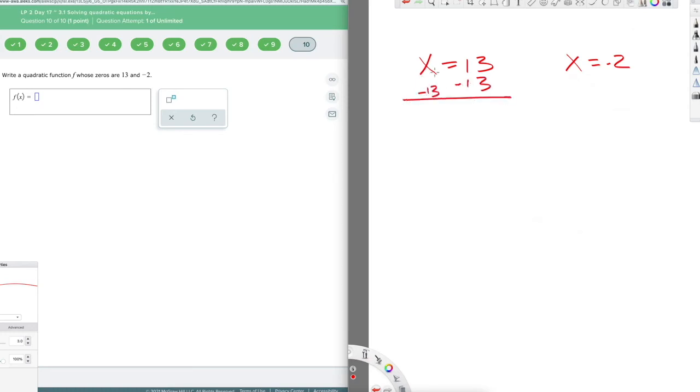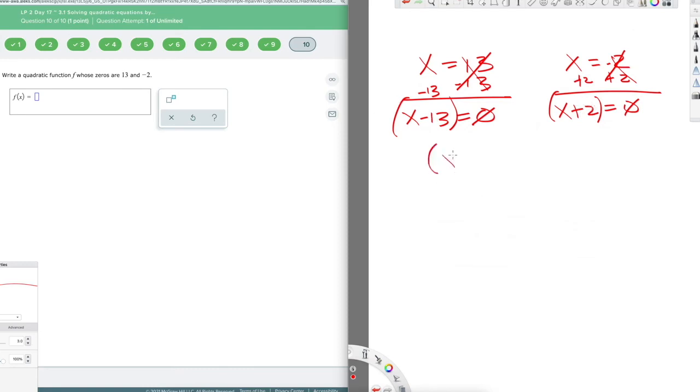So x minus 13 equals 0. Plus 2, plus 2, so these cancel: x plus 2 equals 0. So here are my two factors. If you notice, 13 turned into -13, and -2 turns into +2 when I put it back into the formula. So I'd have x minus 13 times x plus 2 equals 0.